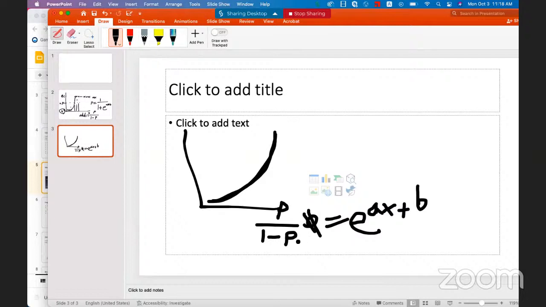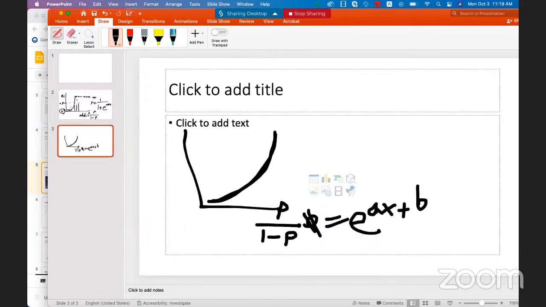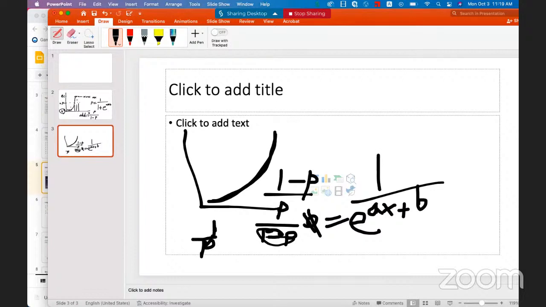If you do a little bit of math to transform this, it should come to this equation by the end. For example, you flip this, and then you get 1 divided by P minus 1.